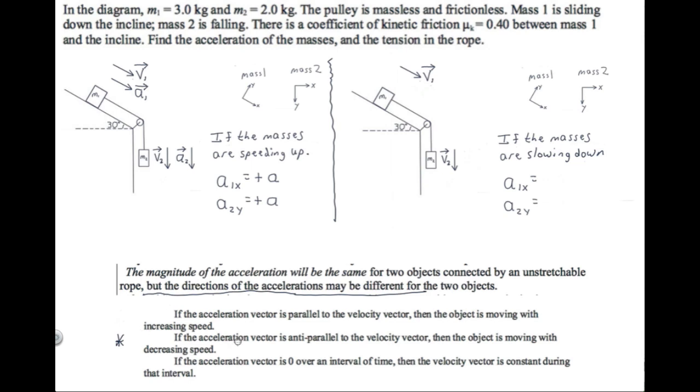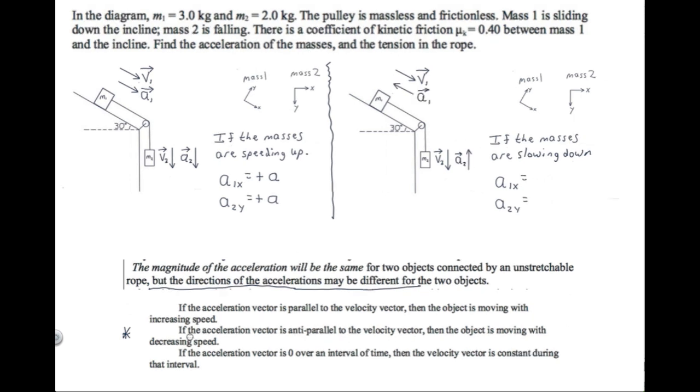Well, if the masses are slowing down, then we would use this rule. When an object is slowing down, the acceleration vector is anti-parallel to the velocity. According to this rule, if the masses are slowing down, then each acceleration vector should be anti-parallel to the corresponding velocity vector. Then in that case, the acceleration for object 1 would be pointing in the negative x direction, and the acceleration for object 2 would be pointing up, which is our negative y direction for object 2.